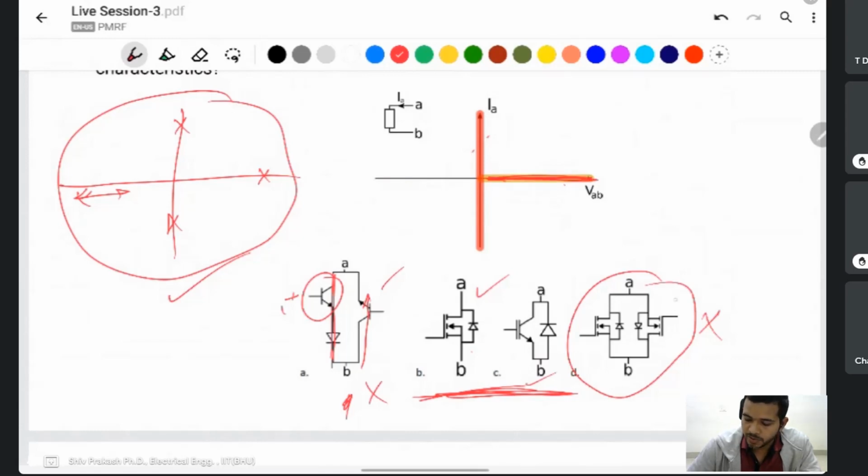But in this configuration you can't block the voltage. If you apply a positive terminal voltage here, then current will flow through the diode of the second MOSFET. With the other polarity it won't block either. So you can't block the voltage. This means it blocks the voltage. This is the current flow. Here, it does not block the voltage.